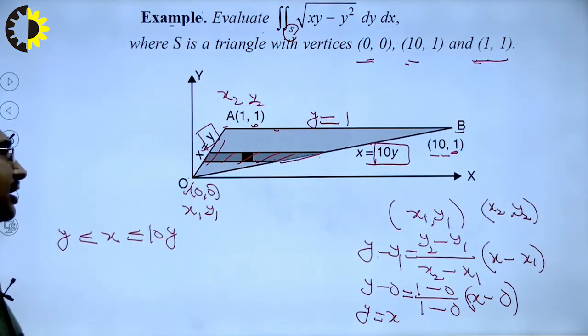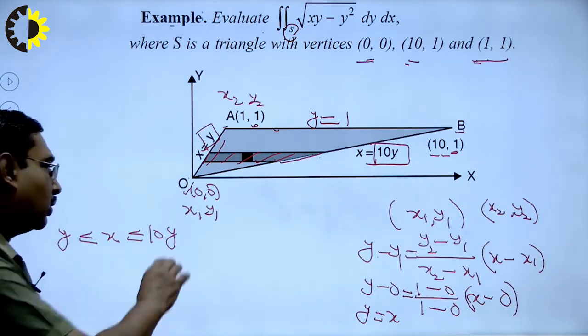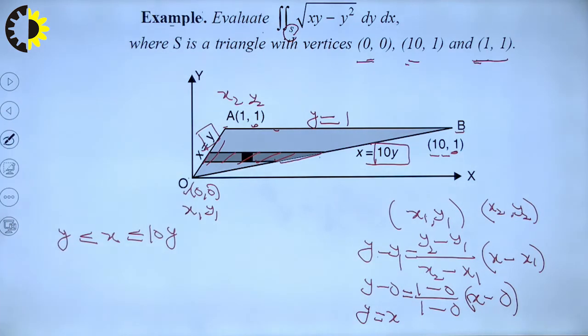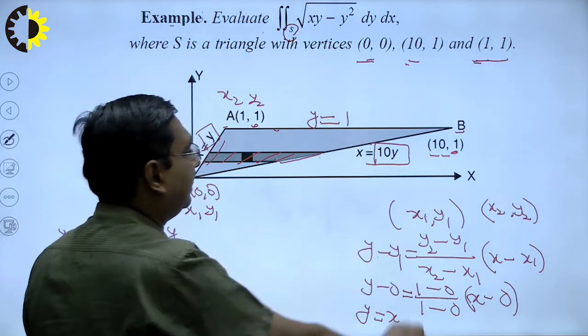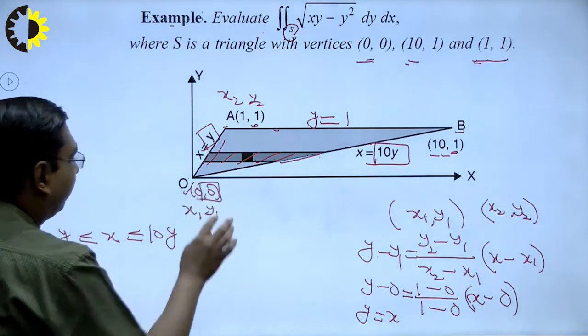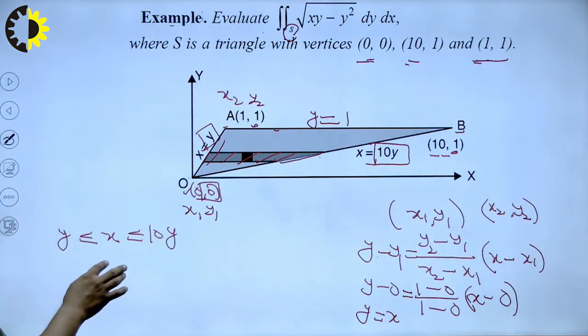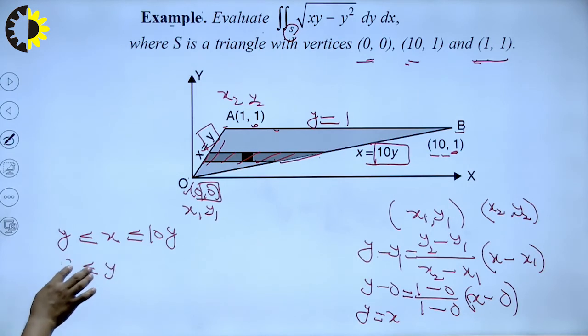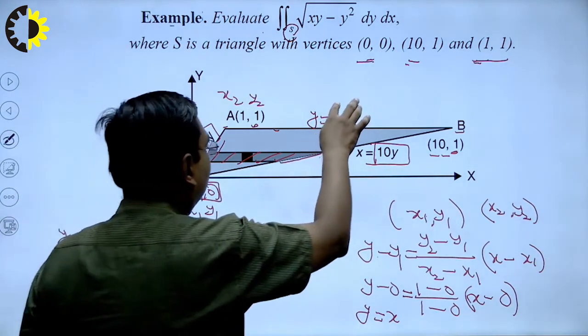To find the limits of y, we will consider the end points. The value of y at the lowest end point will give the lower limit of y. The value of y at the highest end point will give the upper limit of y. The lower limit of y will be 0, because the lowest end point is the origin.